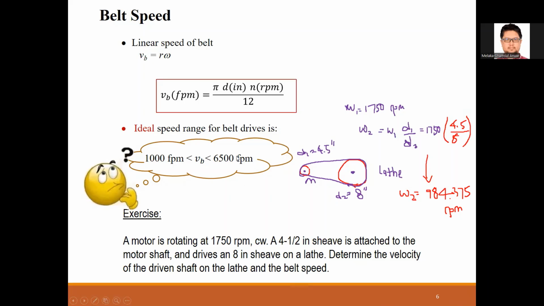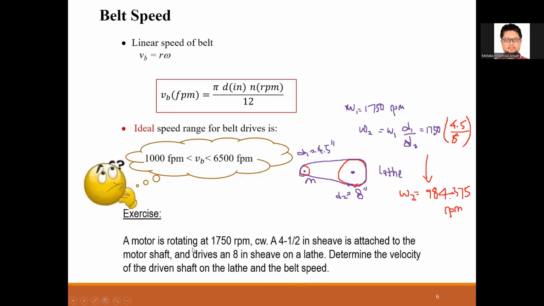Once you have decided what VB is, you can find the diameter or RPM. By knowing these two things, you can find the other one that is unknown.